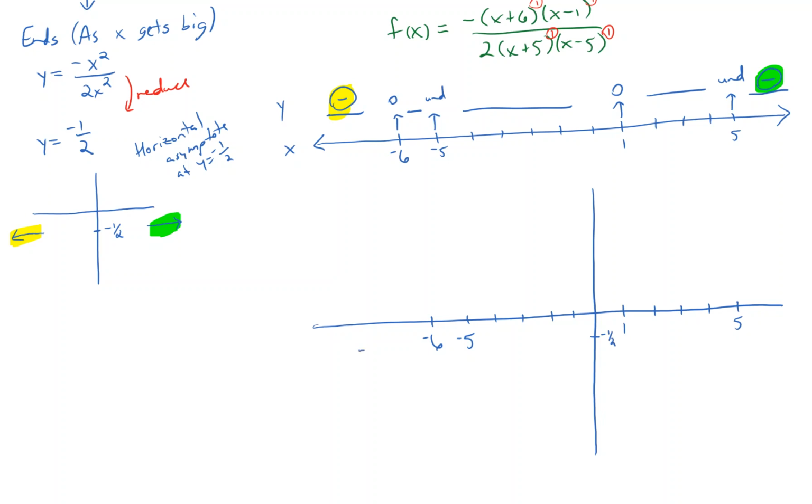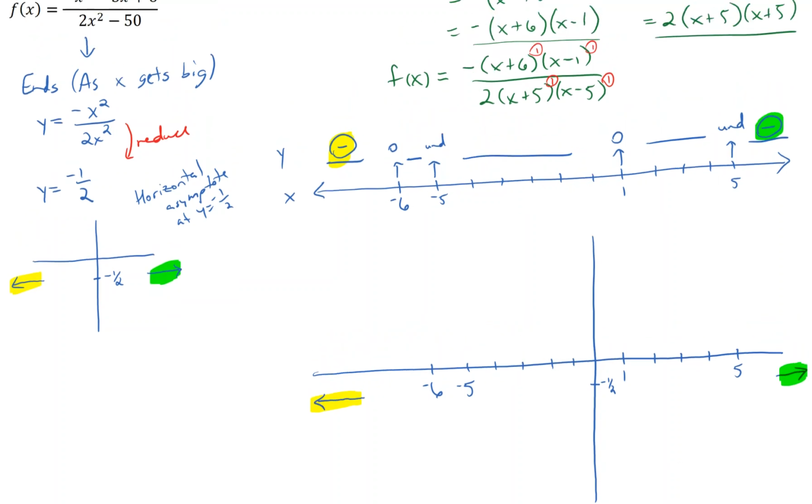So on the very left side of my graph, I know it's going to look like that, and on the very right side of my graph, it's going to look like that as well. So I have part of my graph. Let's go back now, use the rest of our number line chart, and then we'll come back and finish the graph. Now each of these, remember, it's circled in red, they all have multiplicities of 1, so all of them have odd sign changes, right?